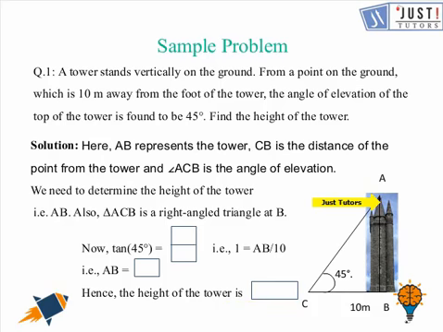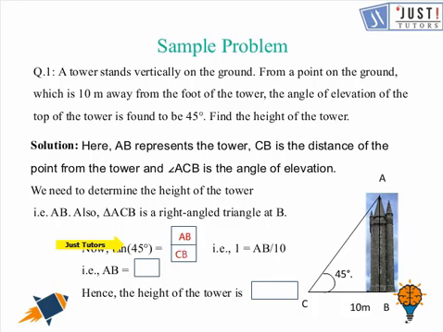Now we need to find the height of the tower, that is AB. You can clearly see that a right angle triangle can be imagined here. So we need to use the knowledge of trigonometry in triangle ABC, and we'll apply tan theta on it. So tan 45 is equal to AB over CB.